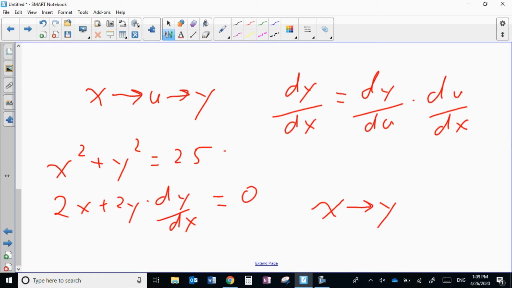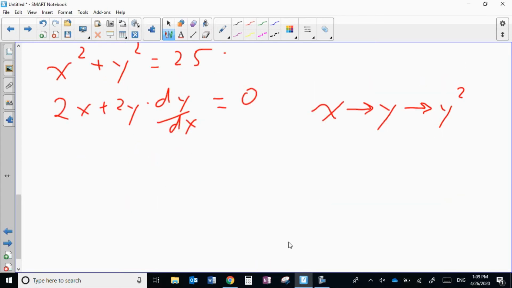And then the outer function is actually y squared. So how do you take the derivative of y squared? You take the derivative of y squared with respect to y, and then you multiply by dy by dx. This is exactly what the chain rule tells you to do. So another way of looking at it is I'm taking the derivative of y squared with respect to y, and then multiplying by dy by dx.